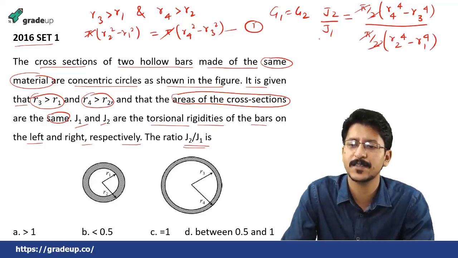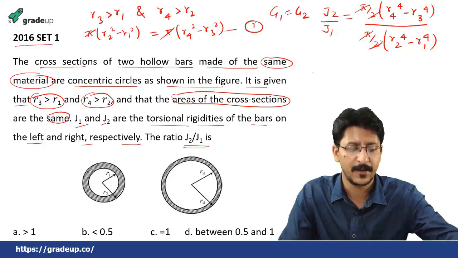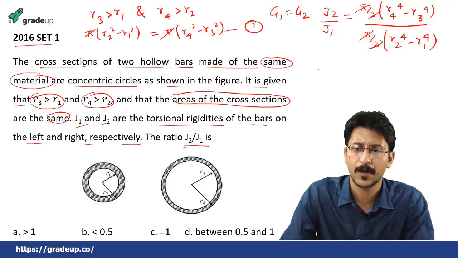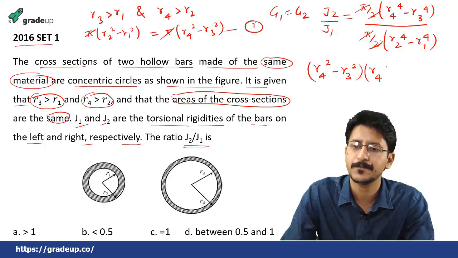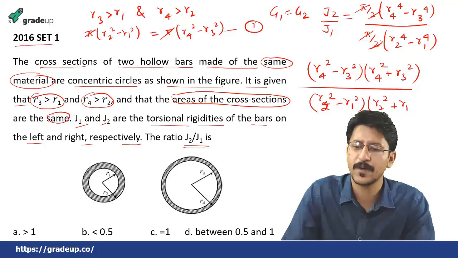This pi by 2 gets cancelled from the numerator and denominator, and then, see this is again very simple, just you need to use (R4 square minus R3 square) into (R4 square plus R3 square) upon (R2 square minus R1 square) and (R2 square plus R1 square).